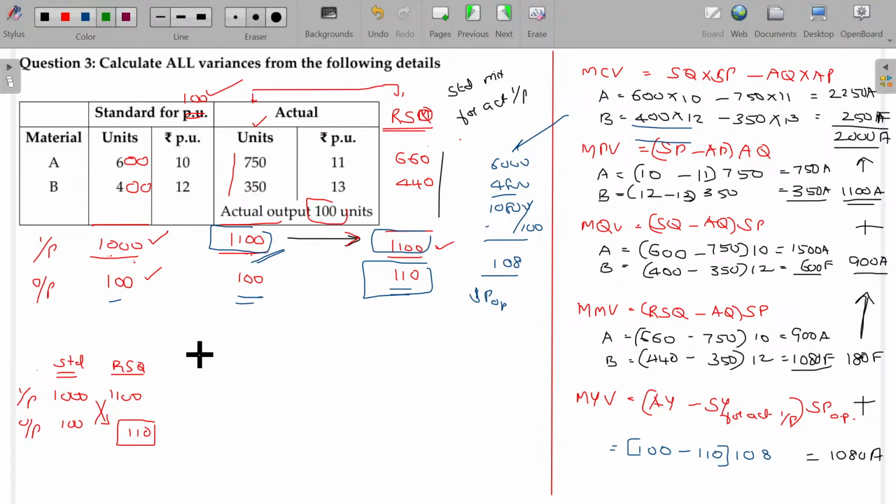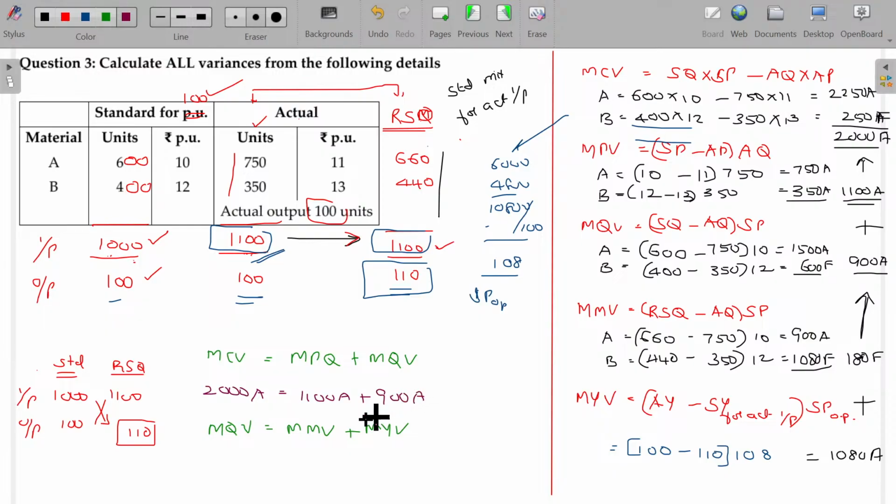So for cross check, material cost variance is equal to material price variance plus material quantity variance. Material quantity variance is equal to material mix variance plus material yield variance. Material cost variance in this case being 2000 adverse from the workings, price variance being 1100 adverse, quantity variance 900 adverse.